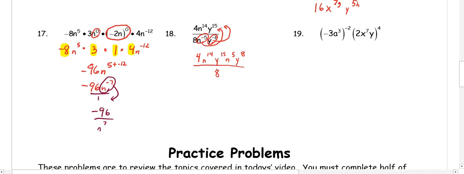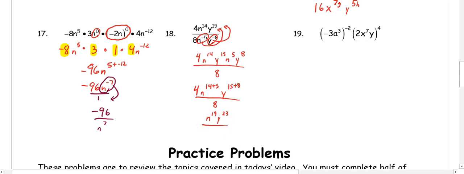So the n exponents can combine together by being added. So we have 4 n to the 14 plus 5, and the y exponents can be added together for 15 plus 8 over 8. So when we add those exponents together, we get n to the 19th, y to the 23rd.